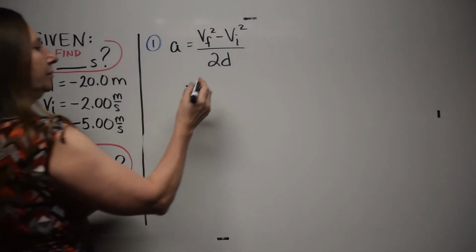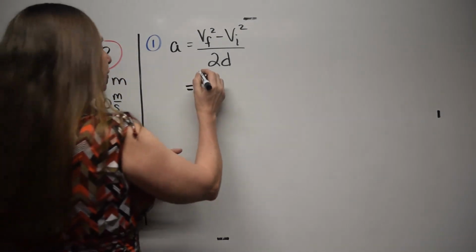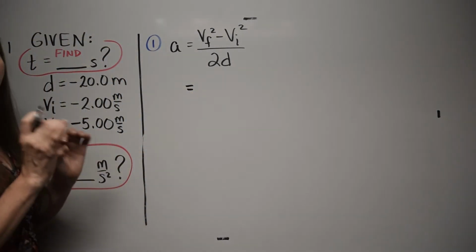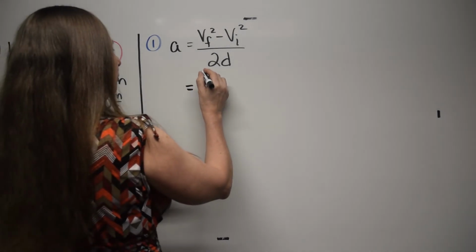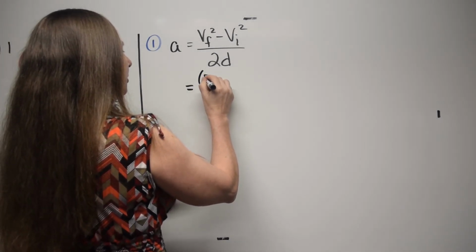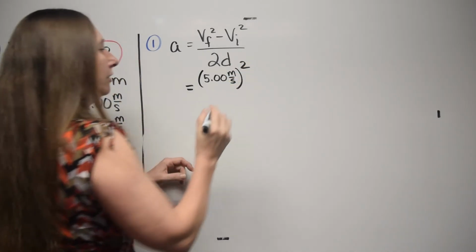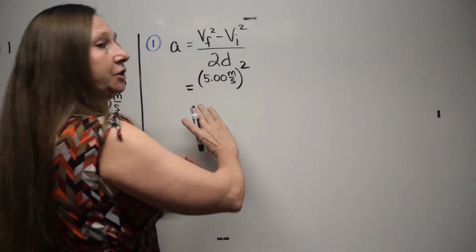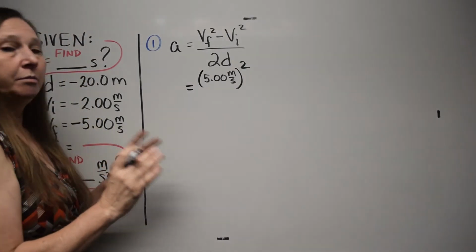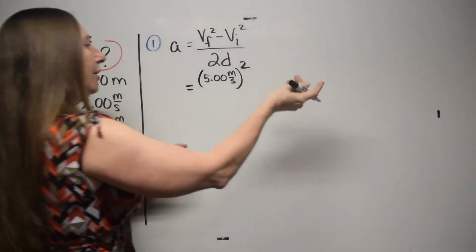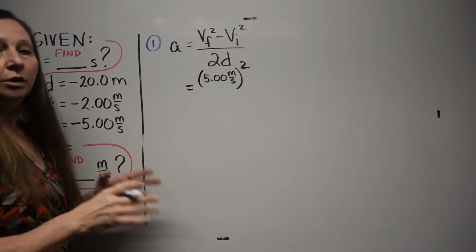V final. Now, do not change the numbers. 5.00 must stay as 5.00. Inside the parentheses, 5.00 meters per second gets squared. If you put meters per second outside the parentheses, it will be marked wrong. If you put the squared inside the parentheses, it will be marked wrong.